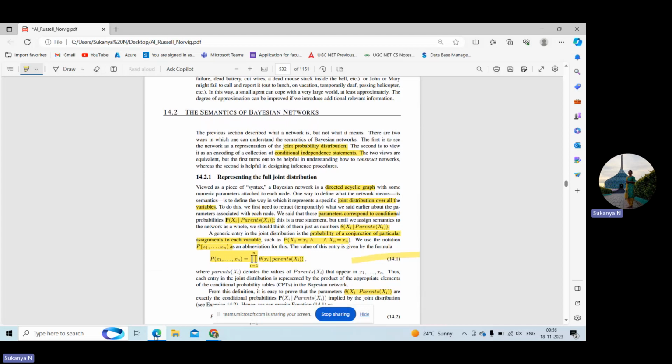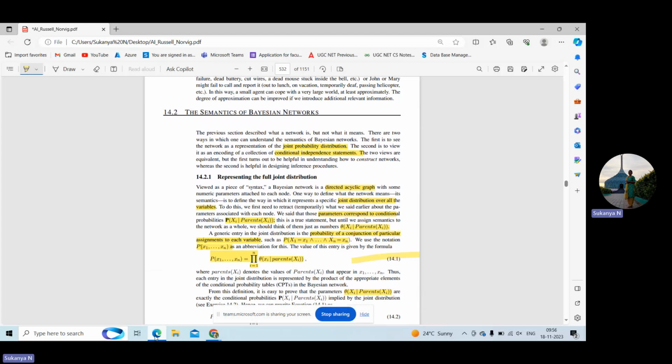And if we assign values under any condition, we can write it as P of x1 equals to x1, x2 equals to x2, till xn equals to xn.